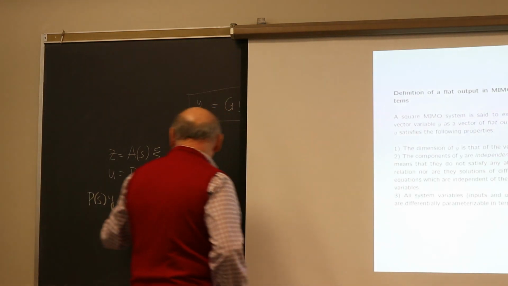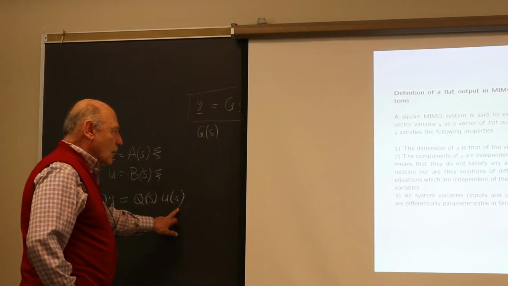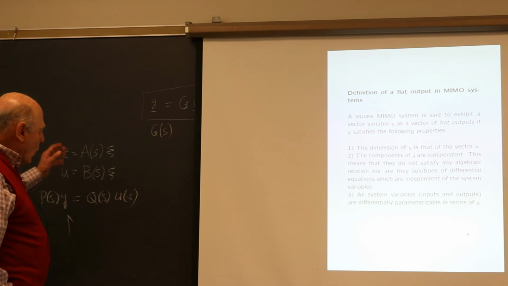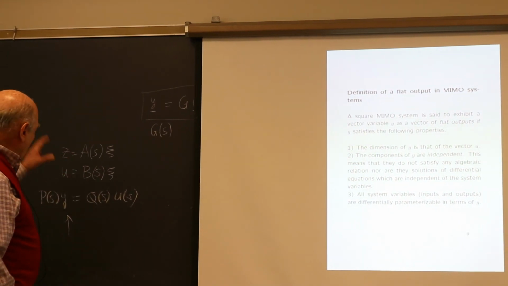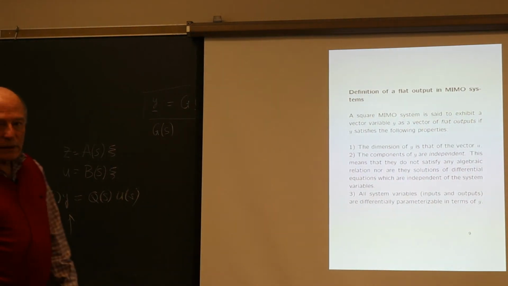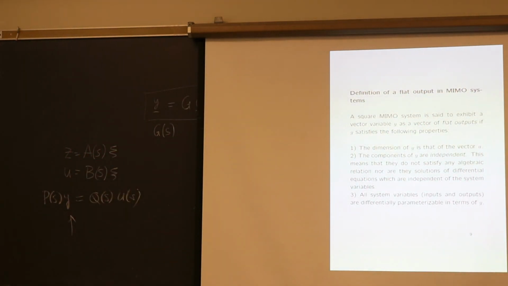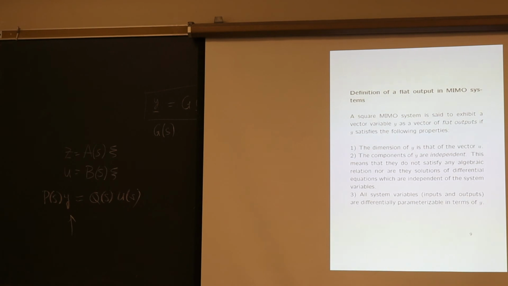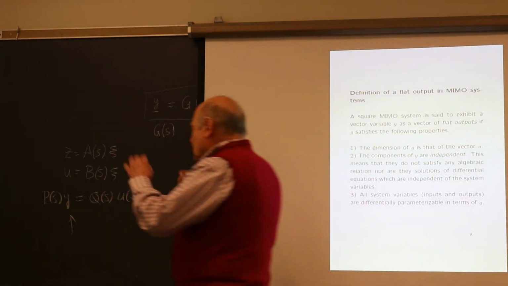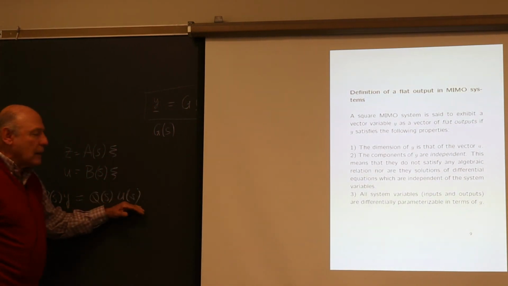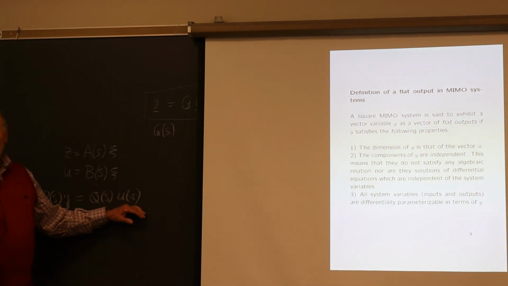First, the dimension of y is equal to the dimension of u. And second, the components of y do not satisfy differential equations by themselves. This is an independence condition of flatness. The flat output cannot satisfy a differential equation by itself, in which I struggle through the system equations and find that this output y can satisfy a certain differential equation which is independent of u, in which u doesn't appear explicitly.